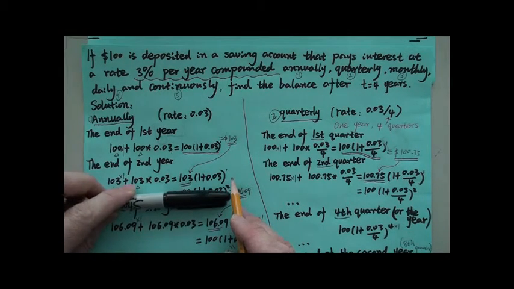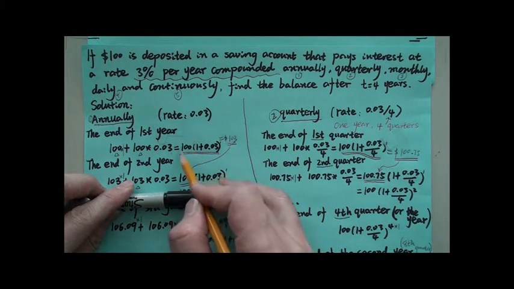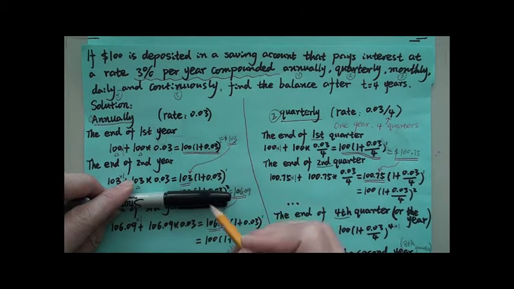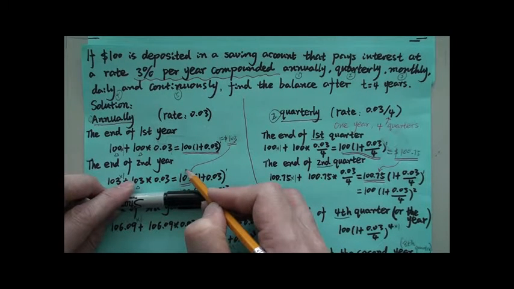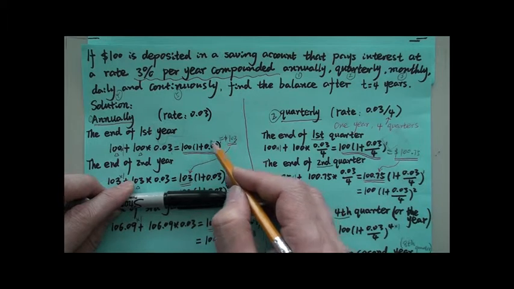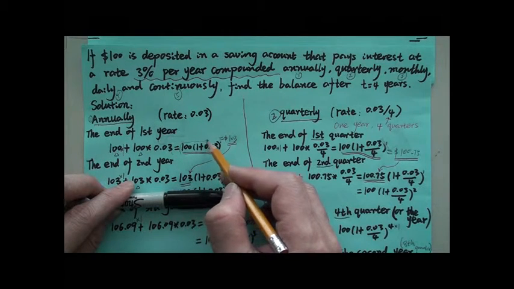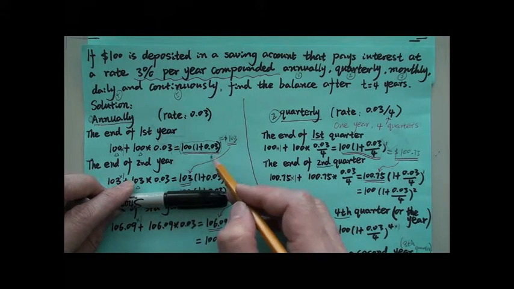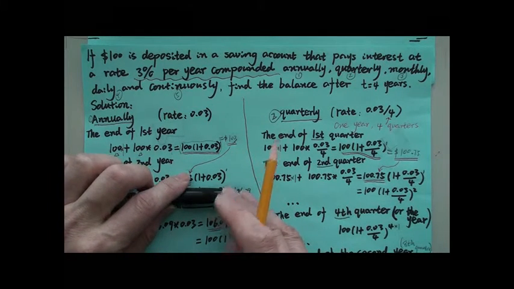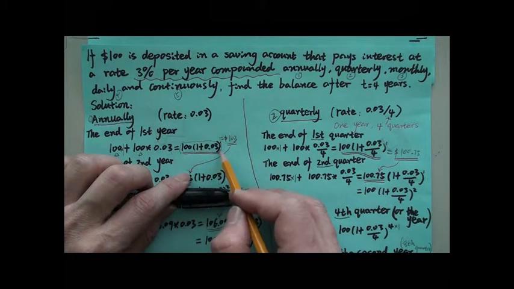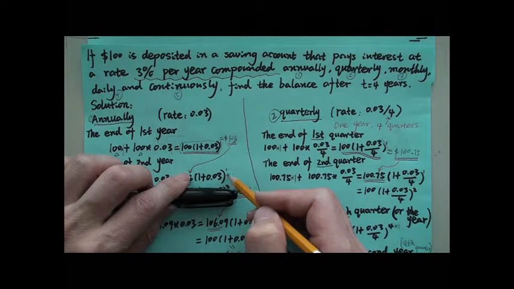If you look at 103, 103 equals that. And then you can replace this 103 by this quantity, because this quantity is 103. If you replace it, then you have 100 times 1 plus 0.03, and then times 1 plus 0.03.